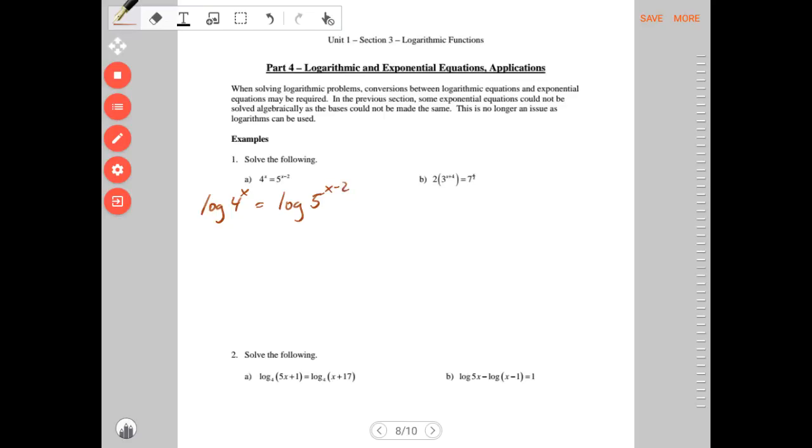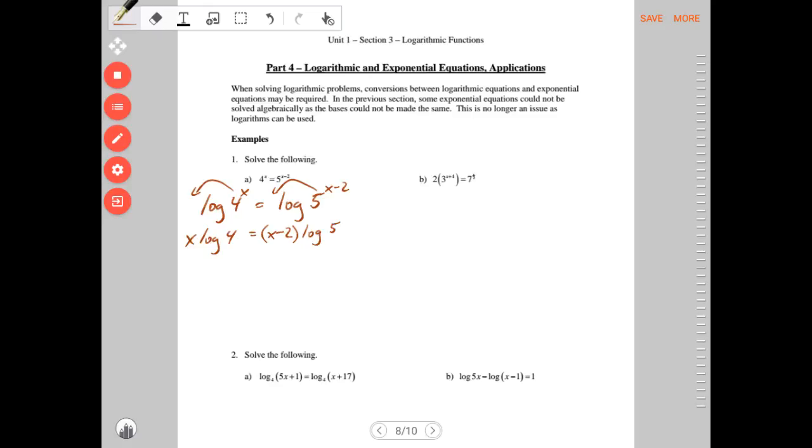Now remember, in laws of logarithms, these exponents can jump down in front. So you're going to get x log 4 equals x minus 2 log 5.